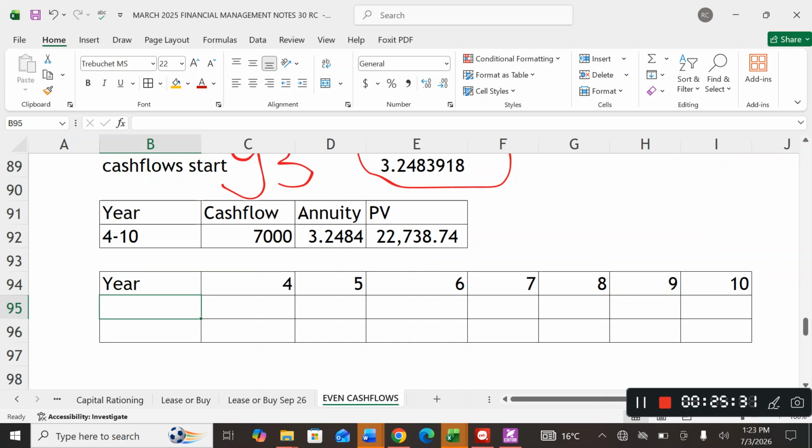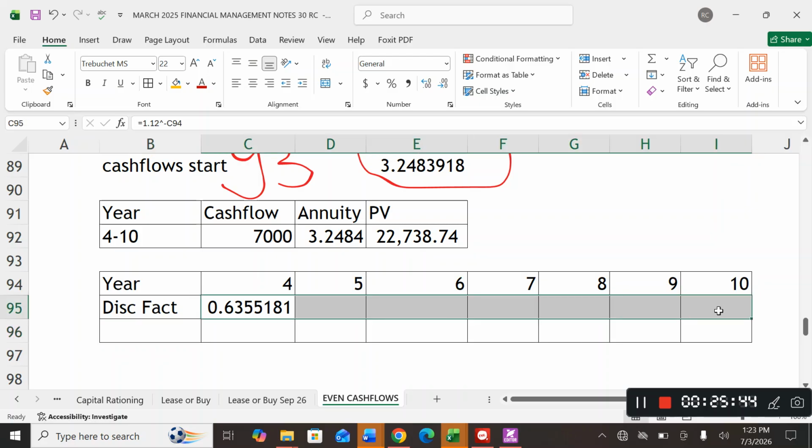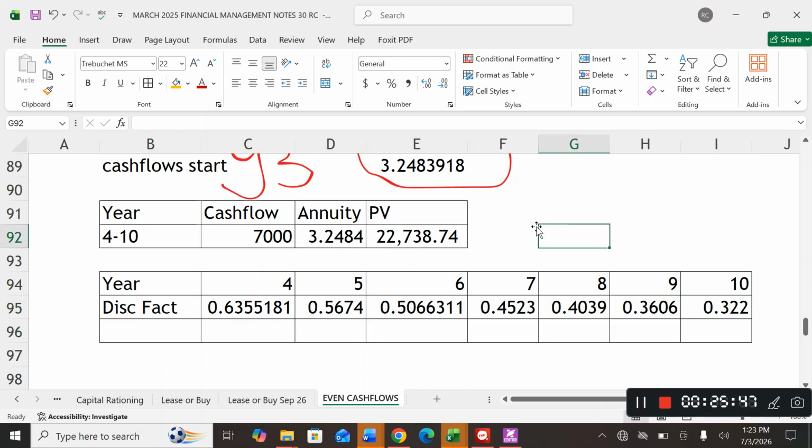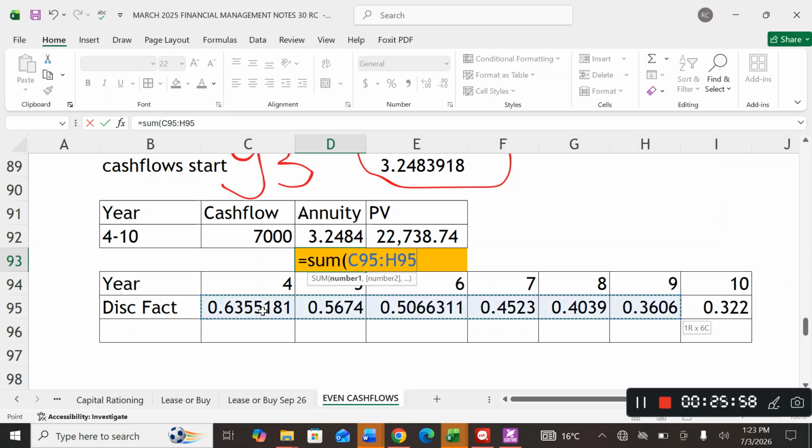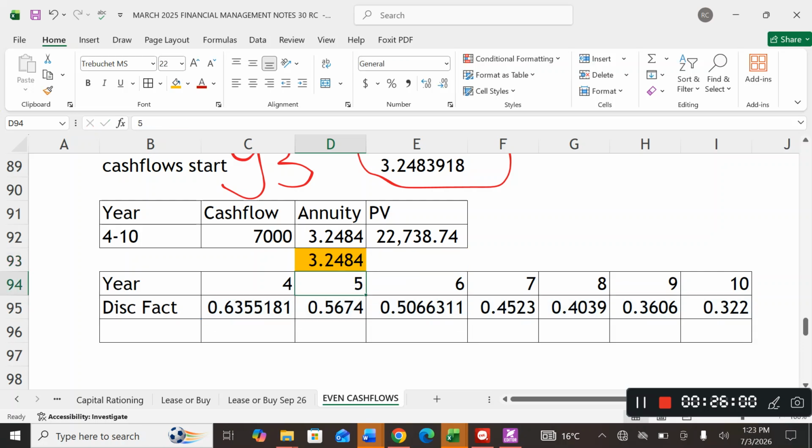All right, discount factor here. My discount factor at 12% equals 1.12 to the power negative 4, and I drag to the end. For the purpose of comparison, if I highlight there and add my discount factors from year 4 up to year 10, this is still what you get.